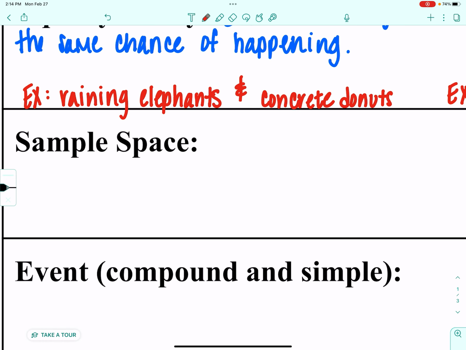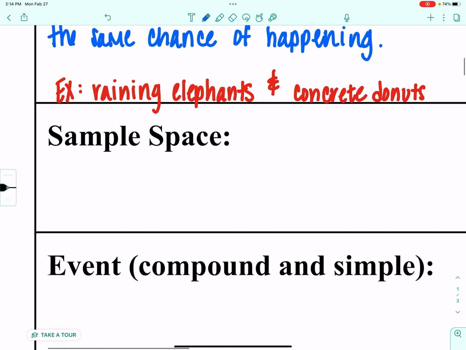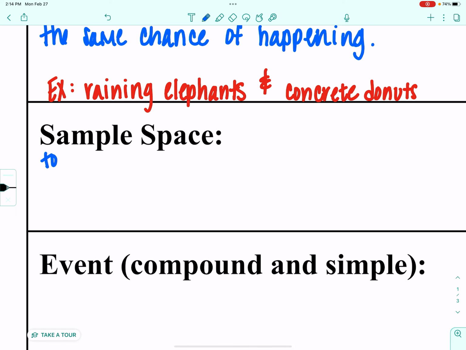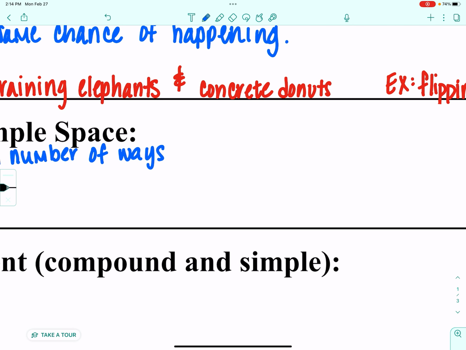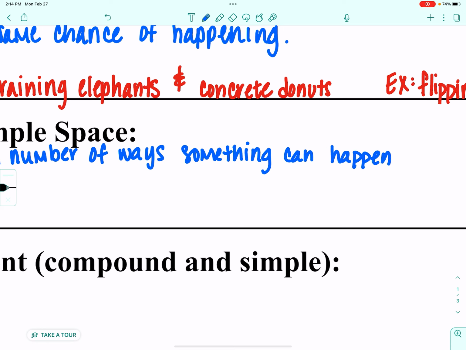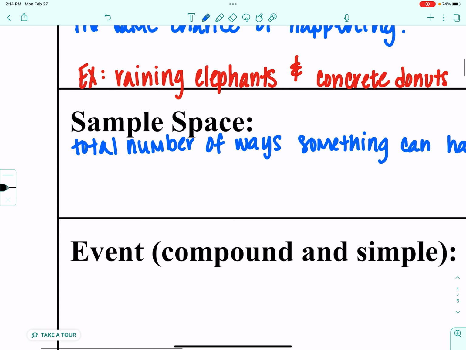A sample space. The sample space, when we talk about probability, is the total number of ways something can happen. So a few seconds ago, I used the flipping a coin example.